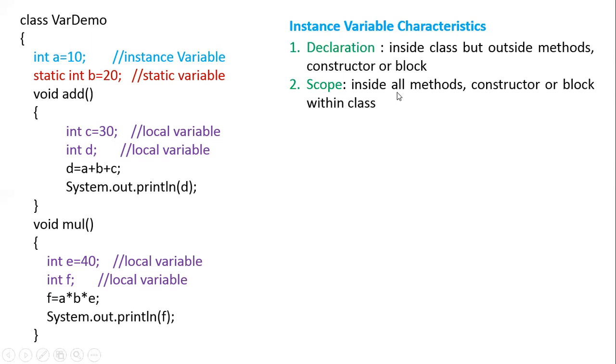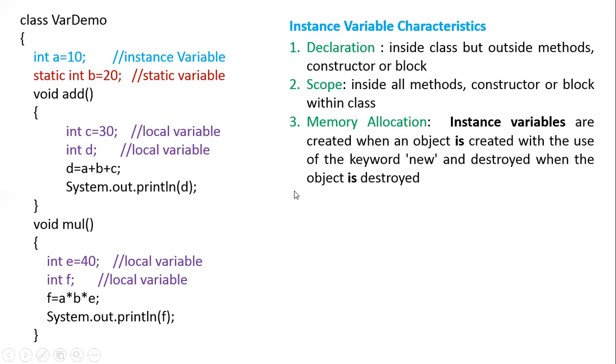Then the scope of these instance variables is inside all methods, constructors or blocks within the class. Here in this program you can see we are able to use the variable a within this block, and in this block also we are making use of this a, which is an instance variable. So the scope is inside all methods, constructors or blocks within the class.